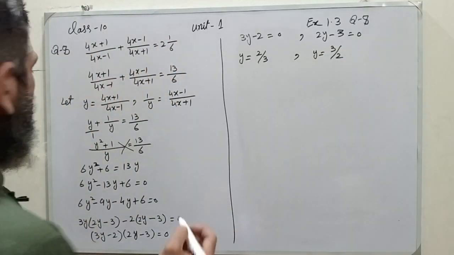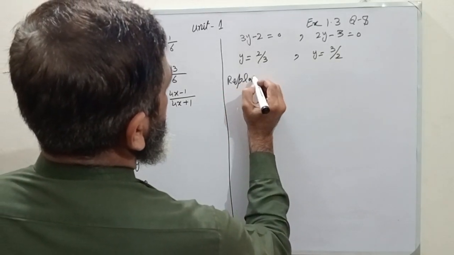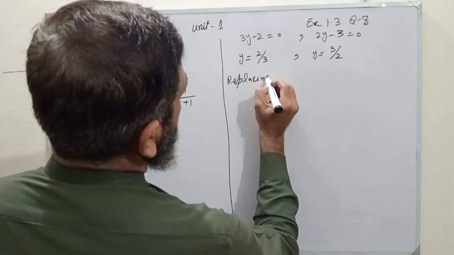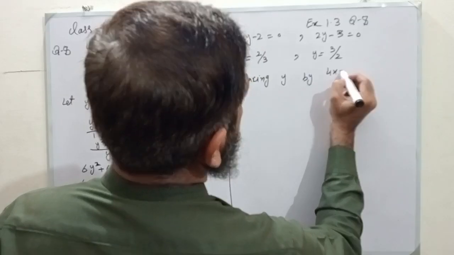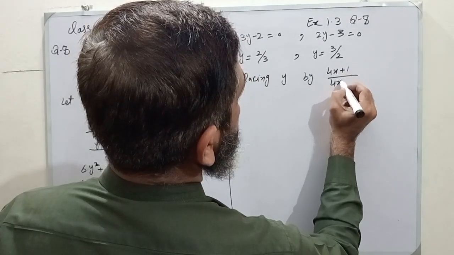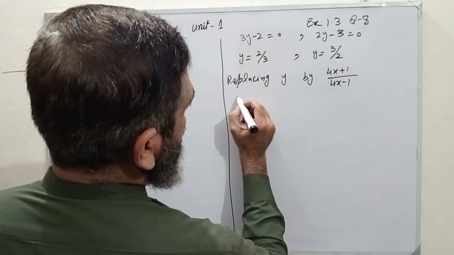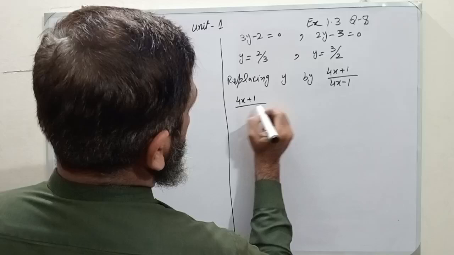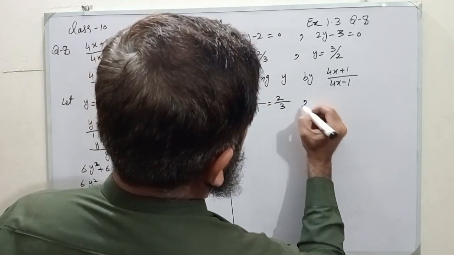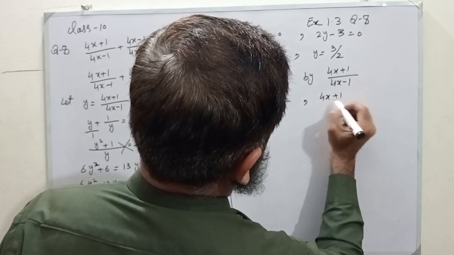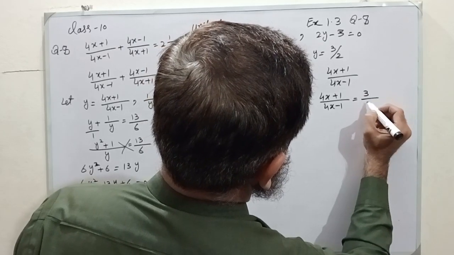Okay, so now replacing y by 4x plus 1 over 4x minus 1. So here 4x plus 1 over 4x minus 1 is equal to 2 over 3 and 4x plus 1 over 4x minus 1 is equal to 3 over 2.